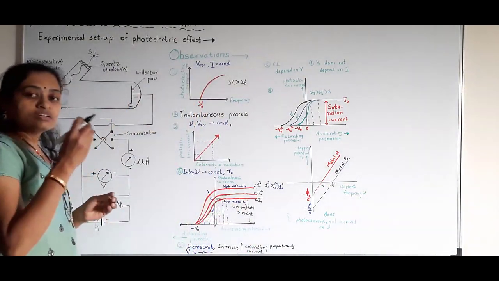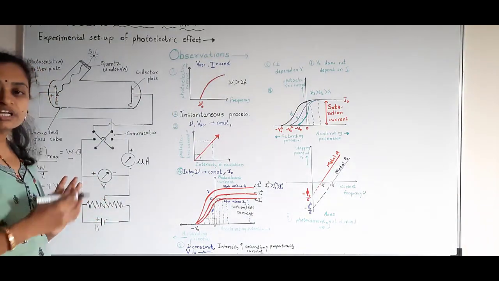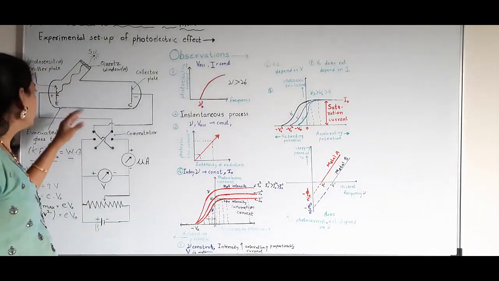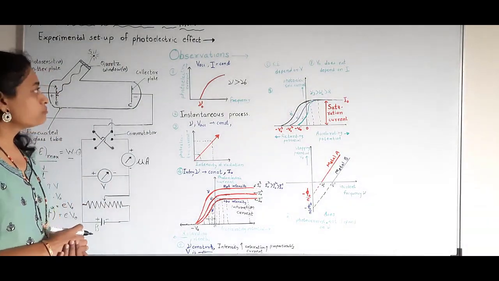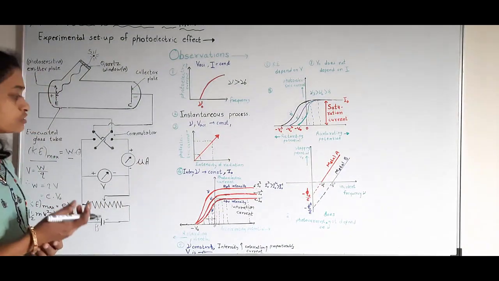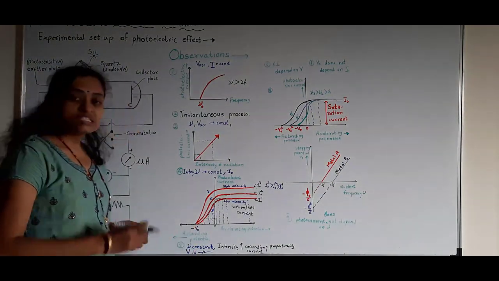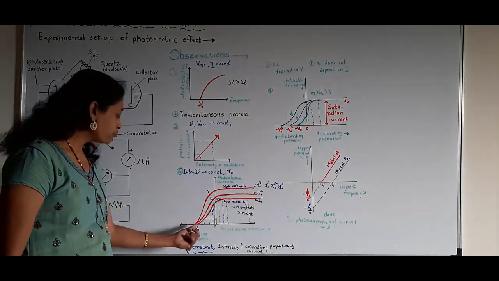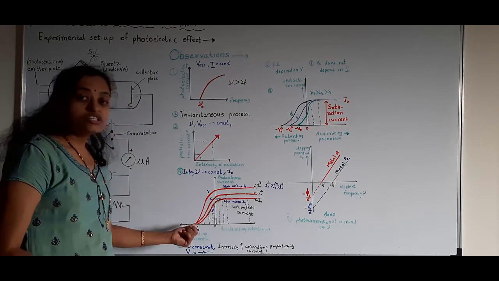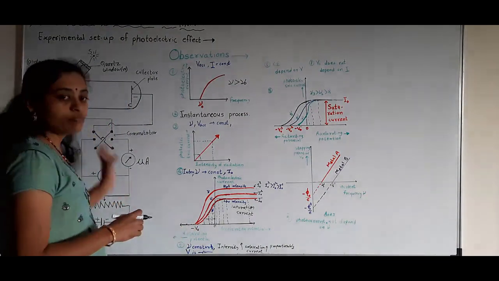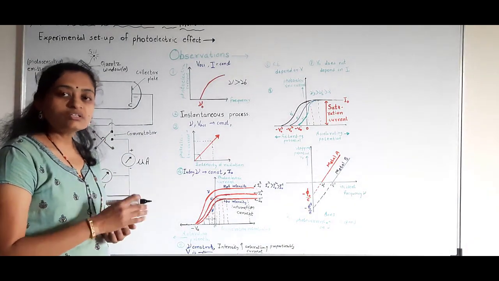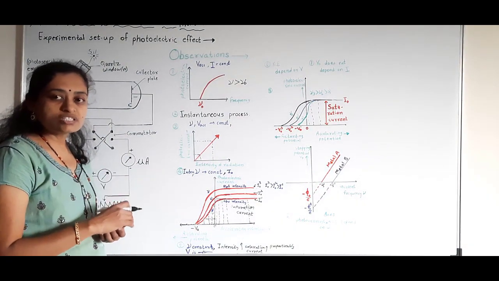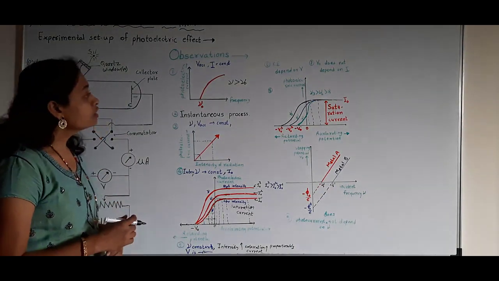Even if very small intensity of light is incident on the emitter, we get the photoelectric current. From this, we can also conclude that V naught is a stopping potential, a voltage at which photoelectric current just becomes zero for the given emitter, when a negative potential difference is given to the collector with respect to the emitter.